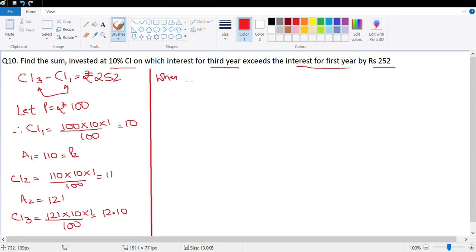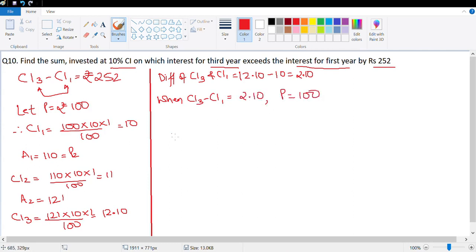So now let's use the unitary method. Okay, let's calculate the difference first. So difference of CI3 and CI1 will be equal to 12.10 minus 10 is equal to 2.10. So when CI3 minus CI1 is equal to 2.10, P is equal to 100.